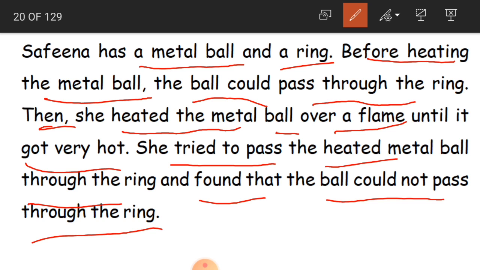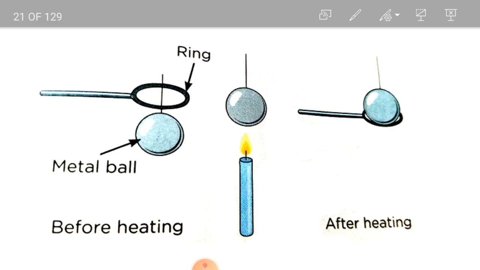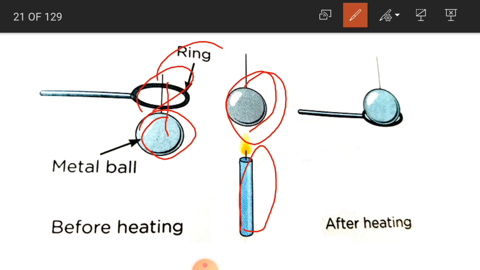She had a metal ball and a ring. Before heating the metal ball, the ball was able to pass through the ring. See here, here is the ball and here is the ring. Before heating, it was able to pass through this ring. But after heating this ball, what happened?